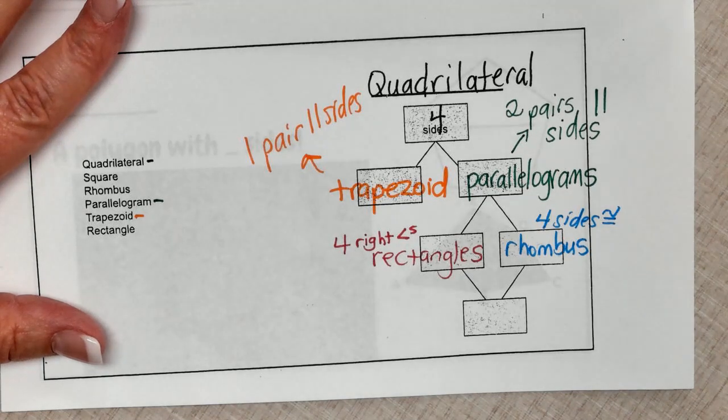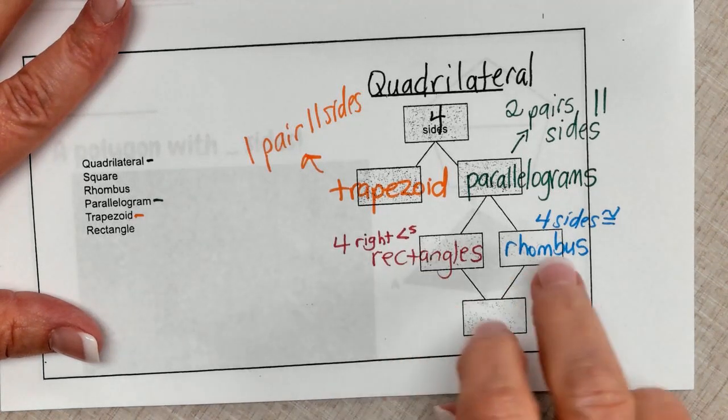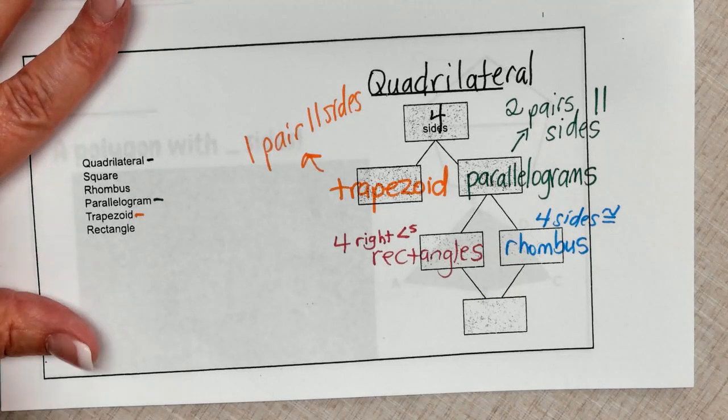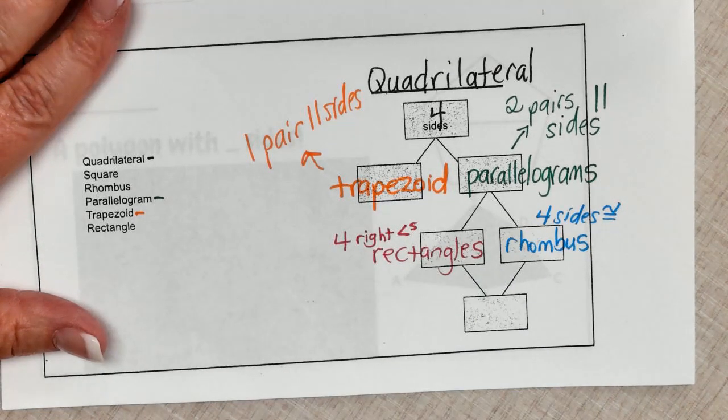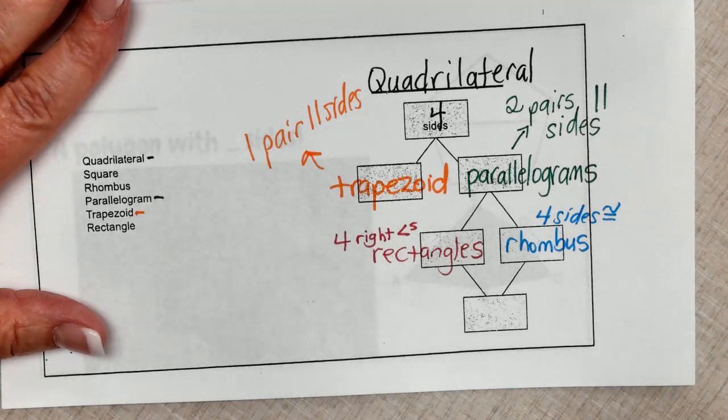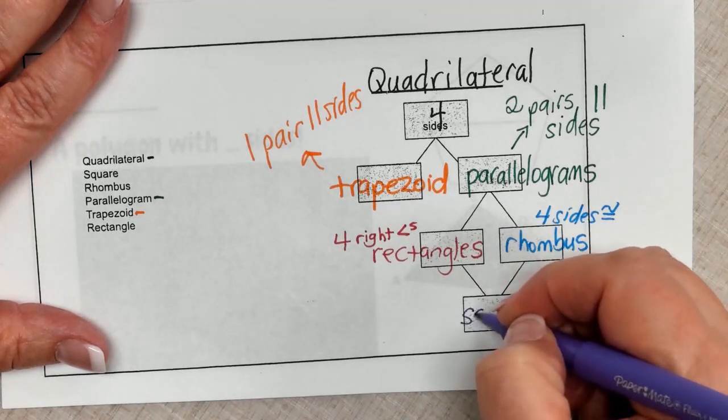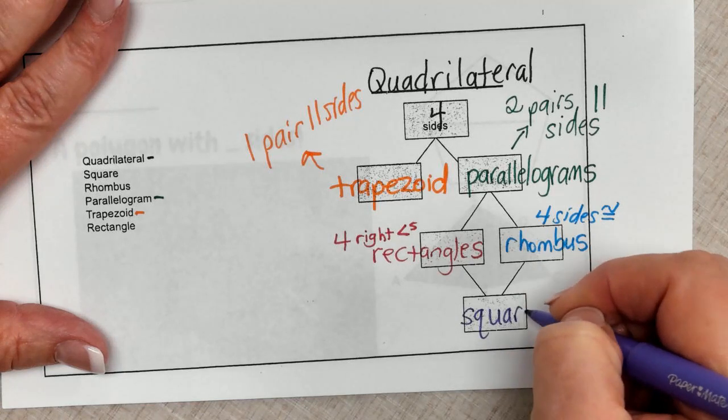In art class, when you mix the paints red and blue, you get purple. So I have used red and blue for rectangle and rhombus. I could have just as easily written rhombus and rectangle, and that would have been fine as well. But red and blue makes purple, so I'm going to use purple for all of those little baby squares.